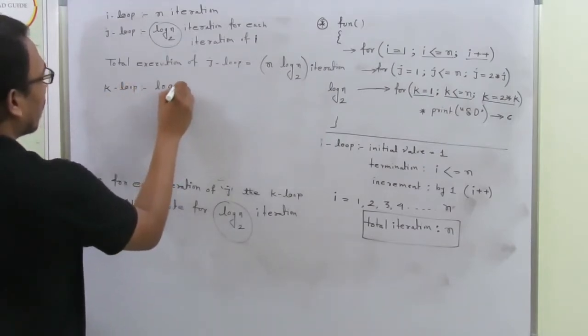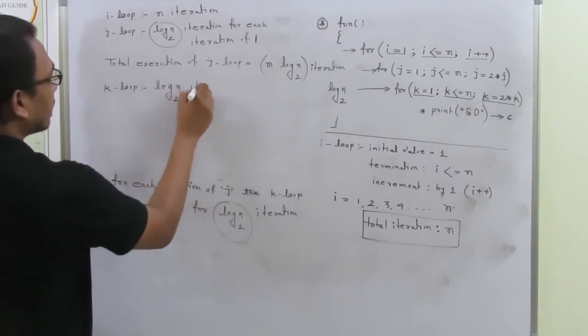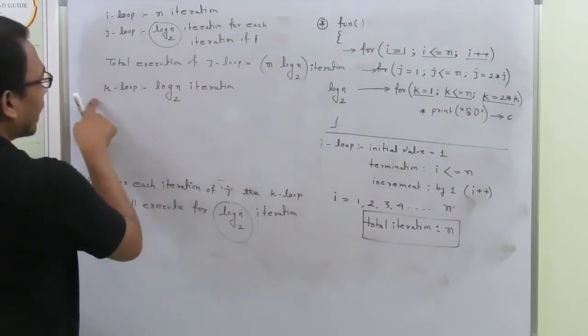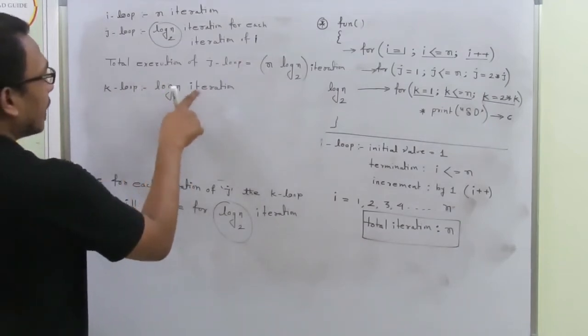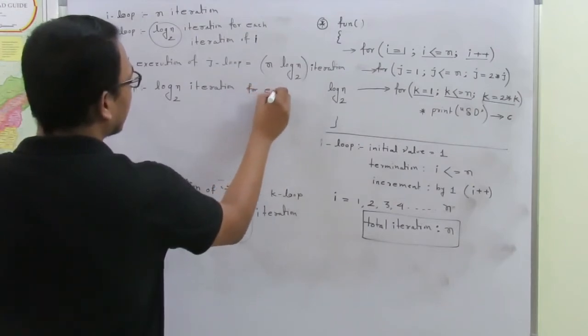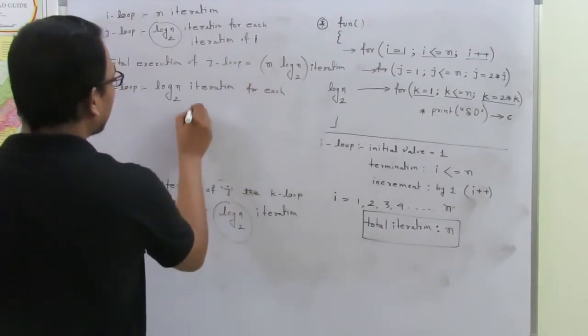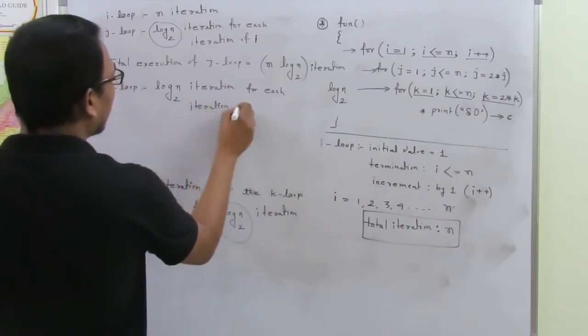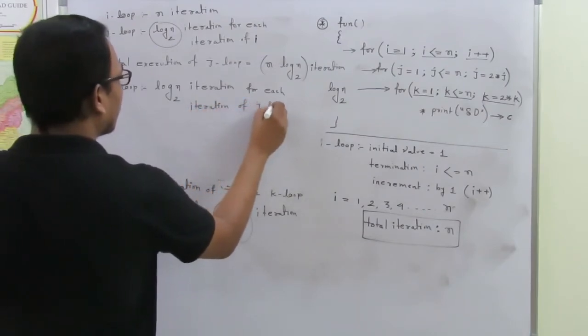We have log n base 2 iterations, and this happens for each iteration of the j loop.